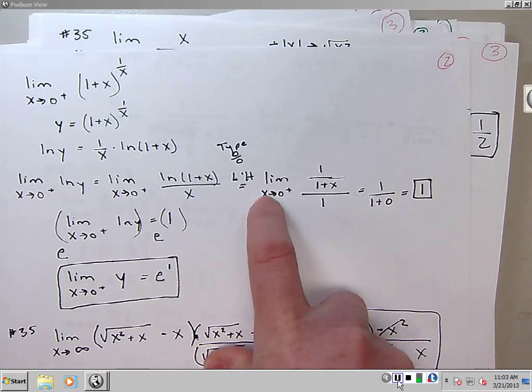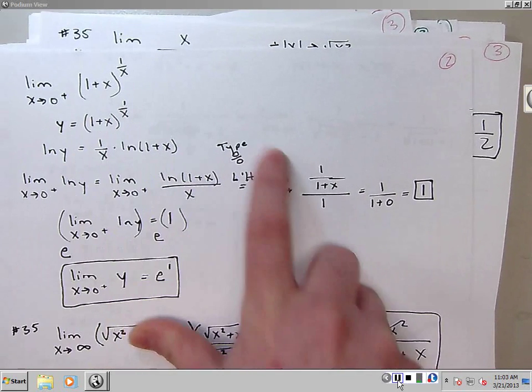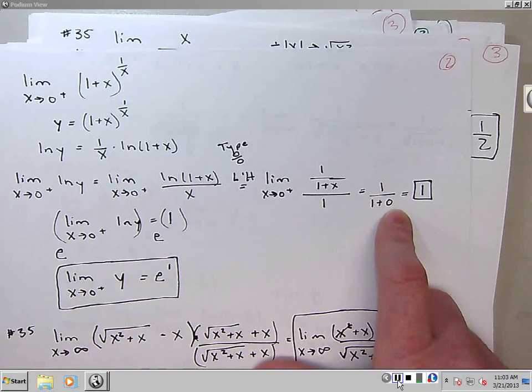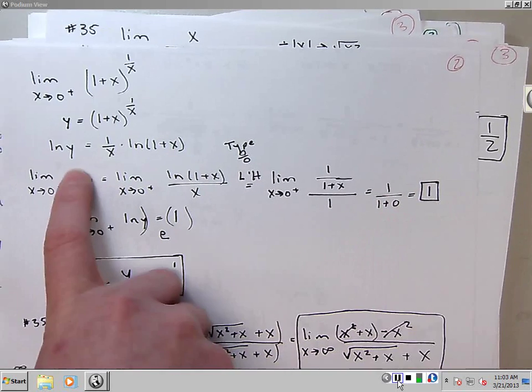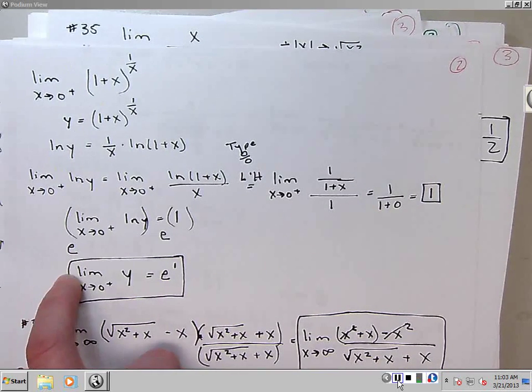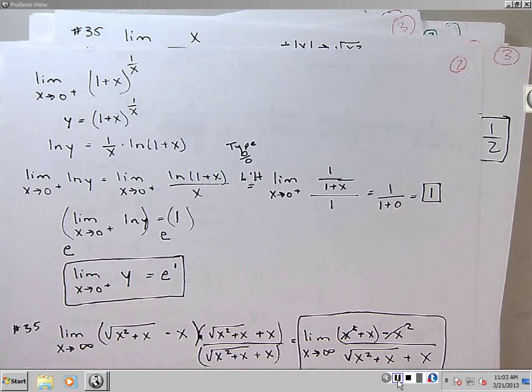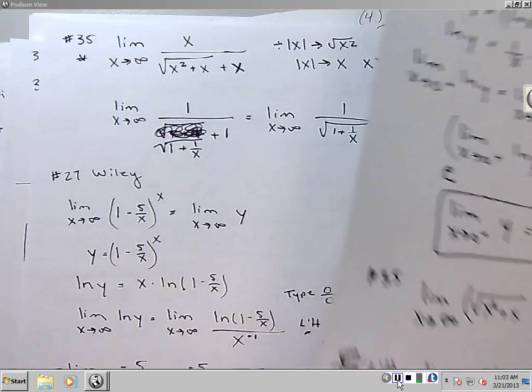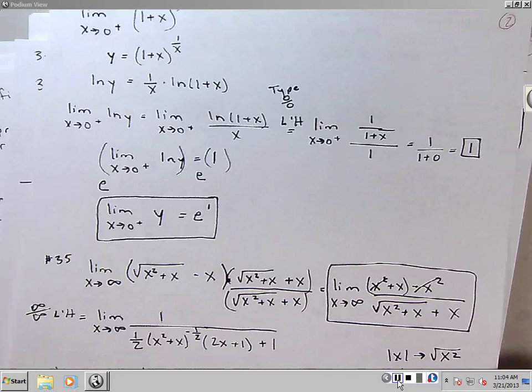If I evaluate this as x goes to 0, which is what the original limit was going to, I have 1 over 1 plus 0, which goes to 1. So that tells me the limit of ln of y is 1. Therefore, the limit of just y is e to the first power. Does anyone have any questions on the methodology and how that works?